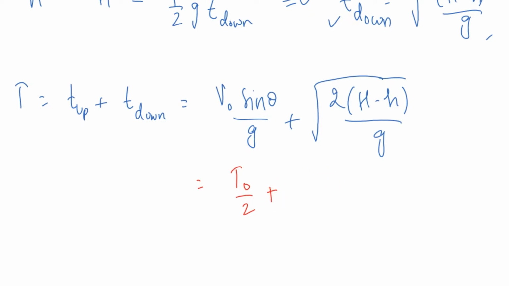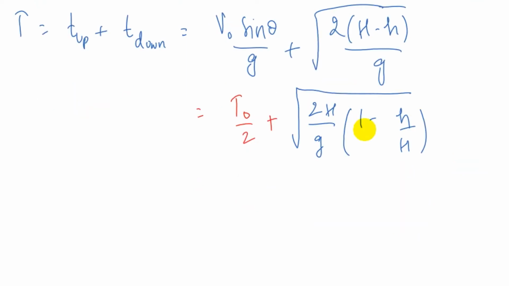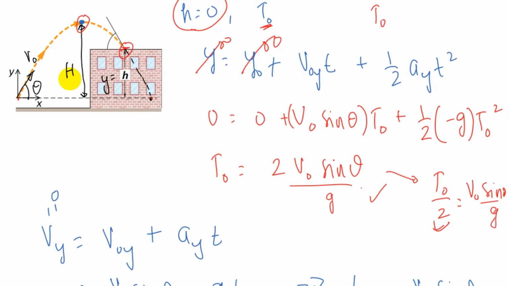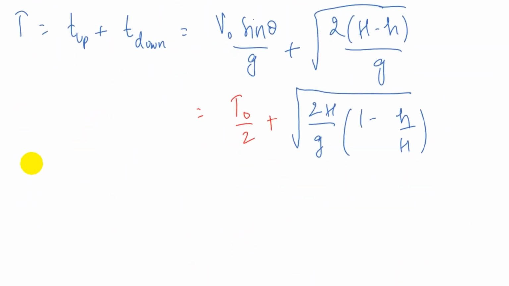Now plus under root. Now do one thing, take H common from the numerator. So 2H I have taken common, and g I am writing here. So this would become 1 minus h over capital H, right? And this capital H is the maximum height attained by the projectile, and we have derived one formula for H to be equal to v naught square sine square theta divided by 2g, right?